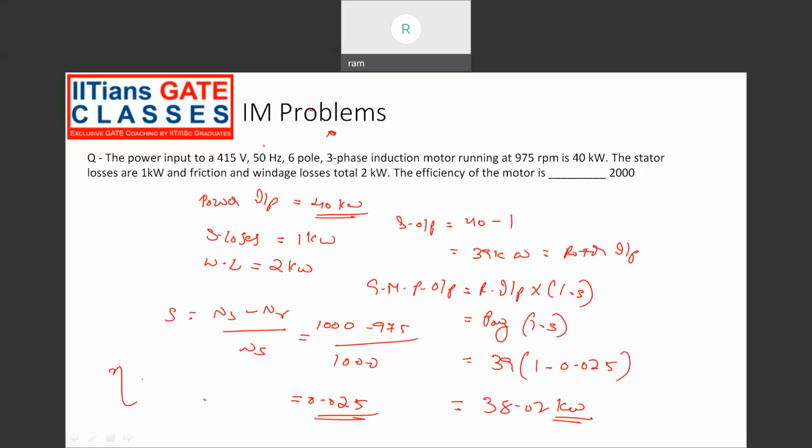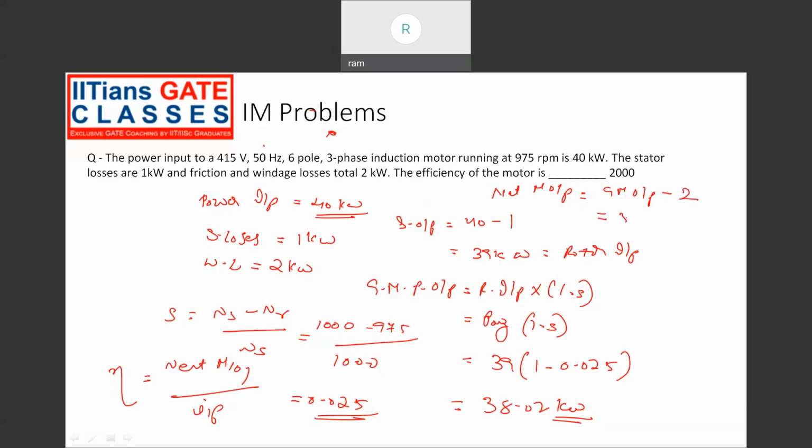Now the efficiency is given by net mechanical output by input. Net mechanical output equal to the gross mechanical power output minus windage loss.